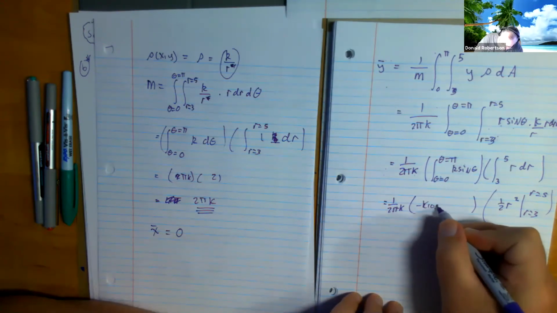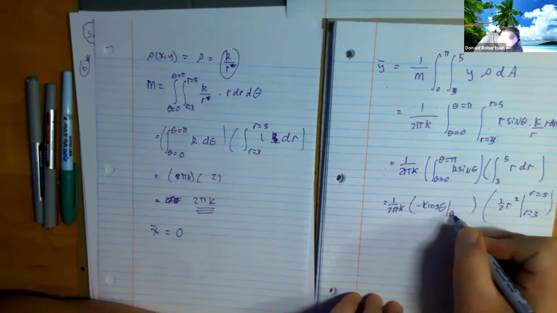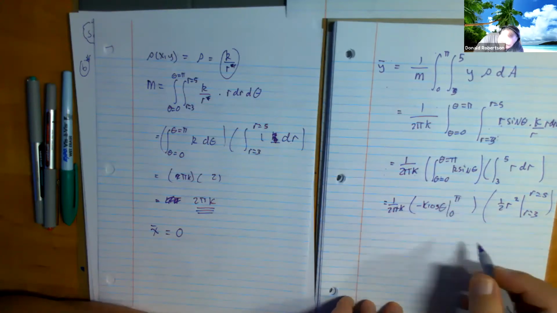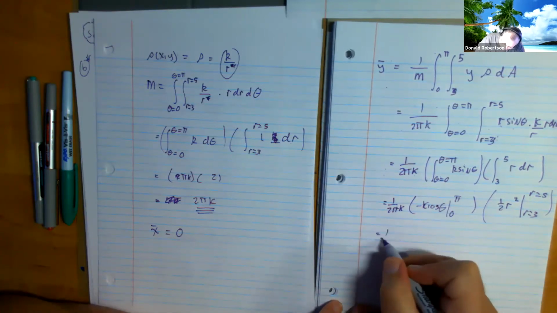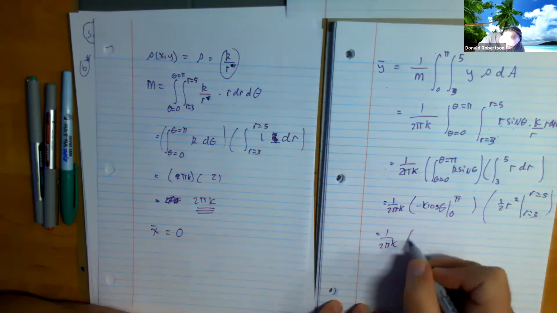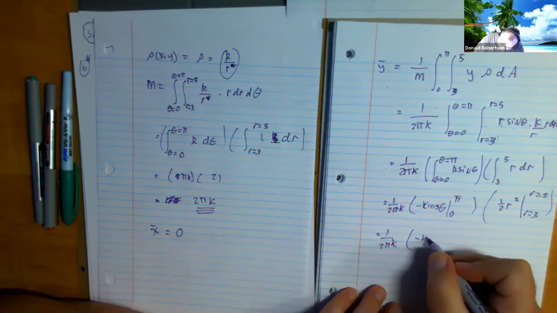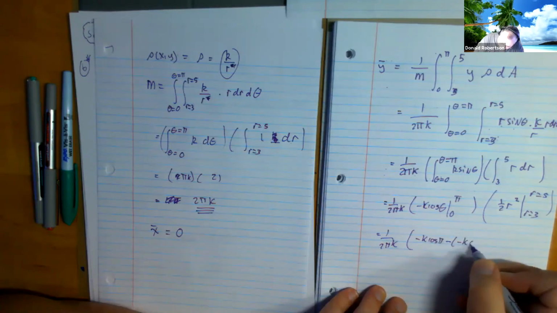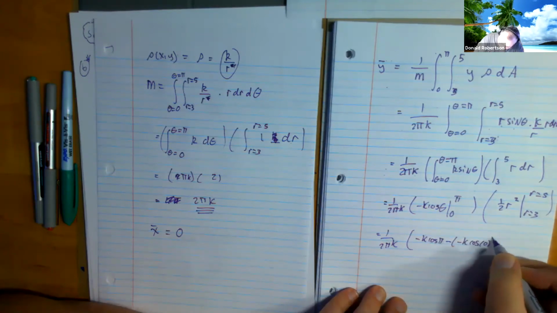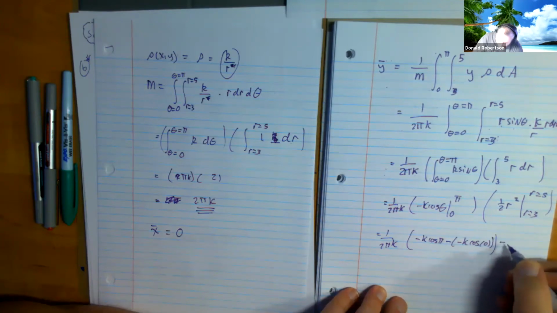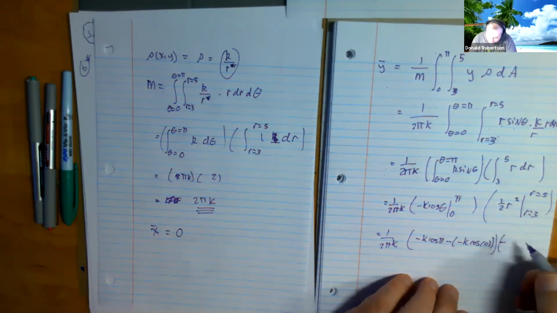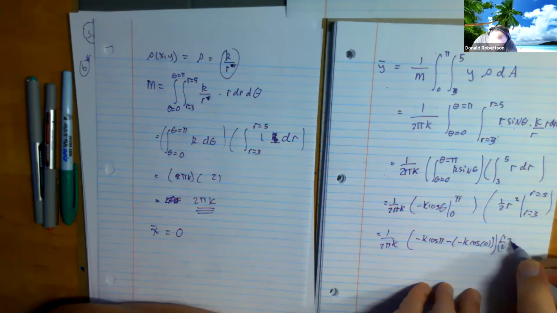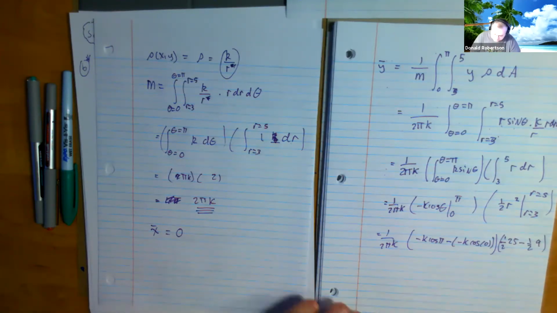Negative k cosine theta from 0 to pi. So that's going to be negative k cosine pi, take away negative k cosine 0. This fella here is going to be 1/2 25, take away 1/2 9.